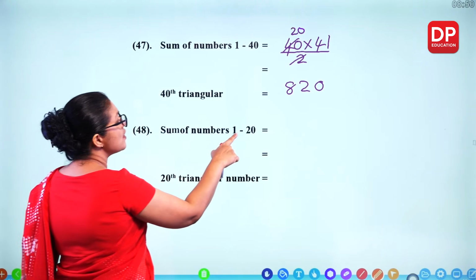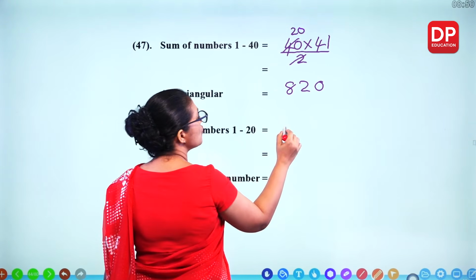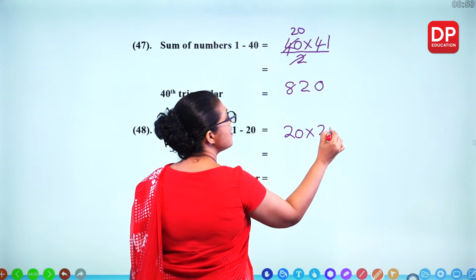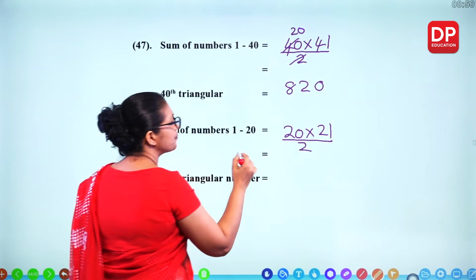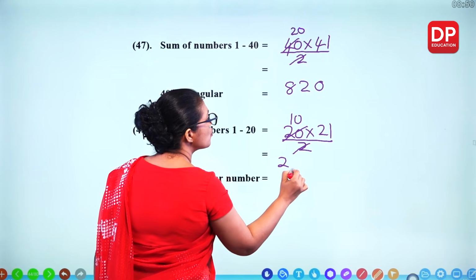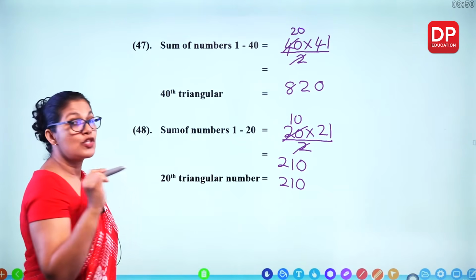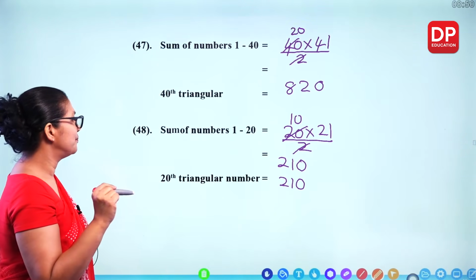Then the sum of numbers 1 to 20 means the 20th triangular number. So 20 times 21 divided by 2. So you get 10 times 21, so 210. So 210 is the 20th triangular number.